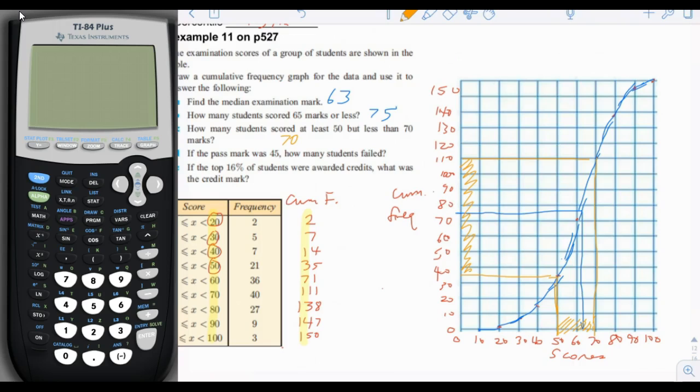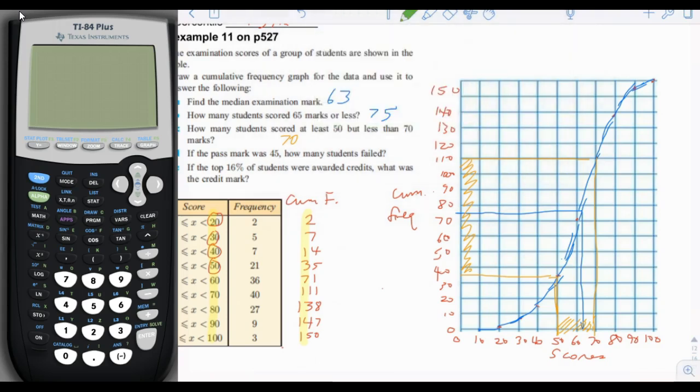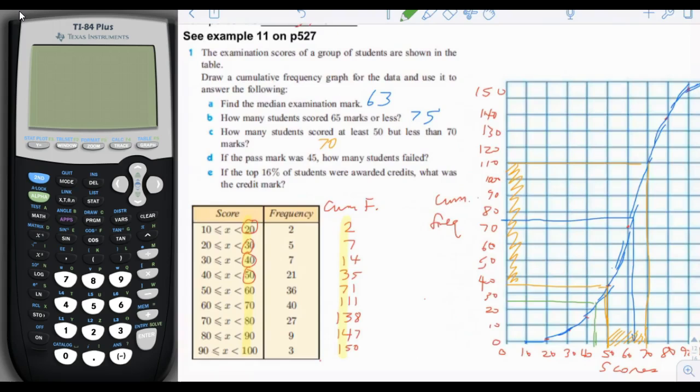Okay, if the pass mark was 45, how many students failed? So 45 is about here. And let's see where that corresponds to on the number of students. It's about there. It's about 24 maybe. So passing people would be anybody to the right of this line, right?